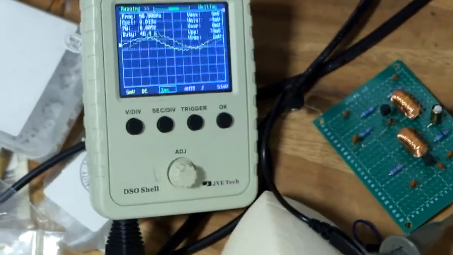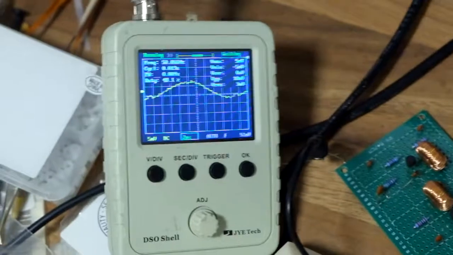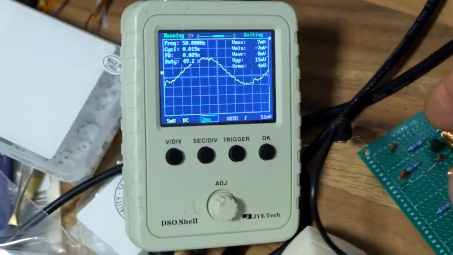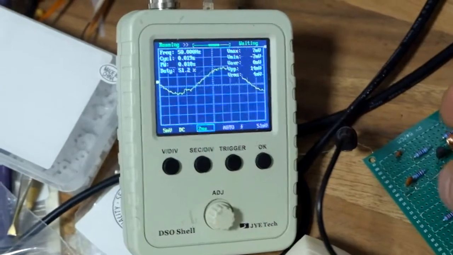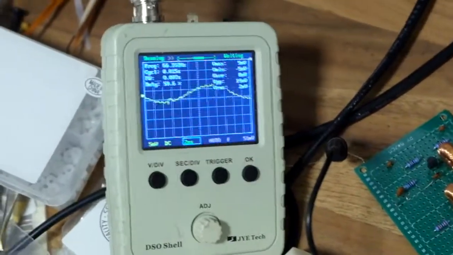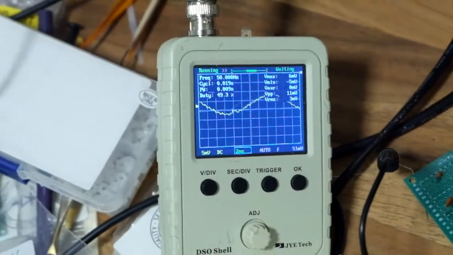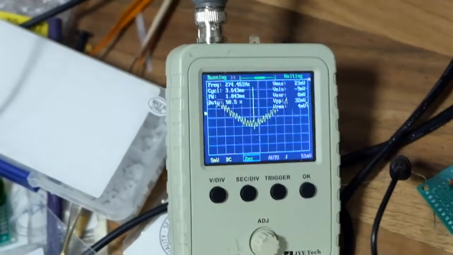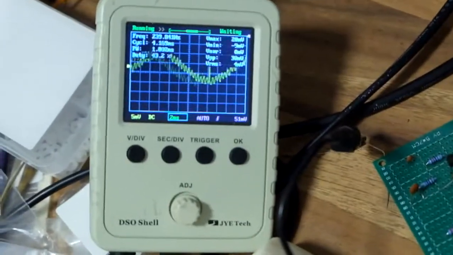There is some background noise on it, and I can also change the waveform when I put my hands near, because of the inductance here of the coils. When I now connect it to the audio signal, you see how that signal travels along the waveform, alongside the waveform.